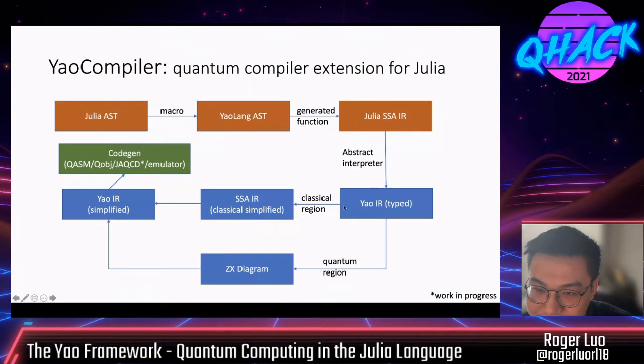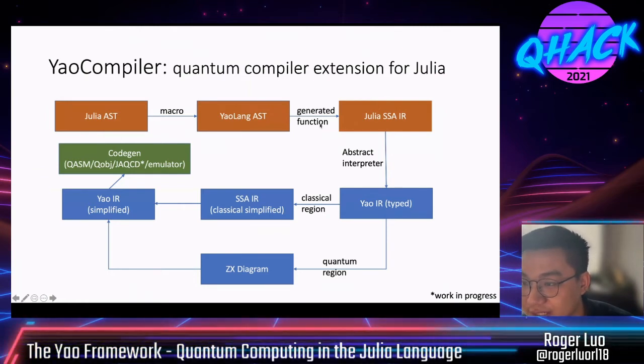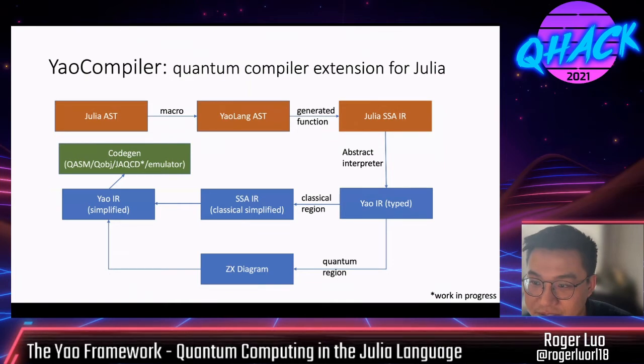First, we insert a macro, and we insert our own analysis pass on Julia SSA-IR. SSA here stands for static single assignment. Then we use an abstract interpretation mechanism to figure out which part is a quantum program, which part is not, and how to simplify this hybrid program.